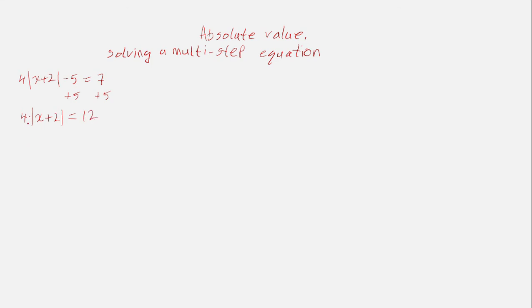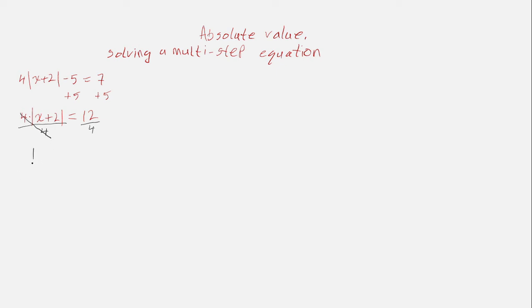Now, this here is actually 4 times the absolute value. So what we need to do is divide. So let's just divide by 4. Divide by 4. So these 4's will go away.